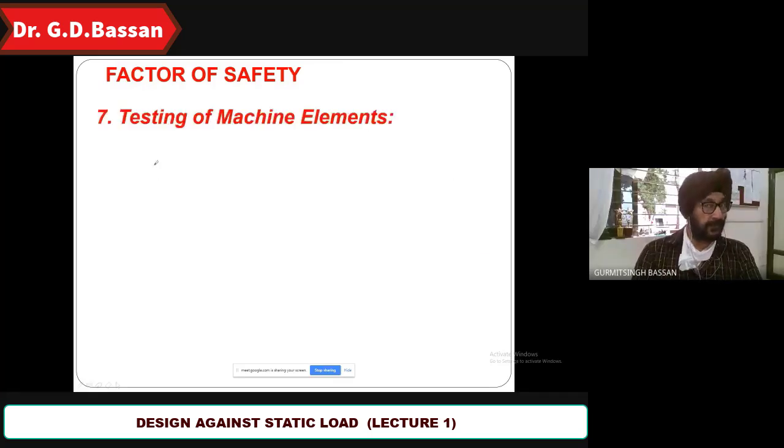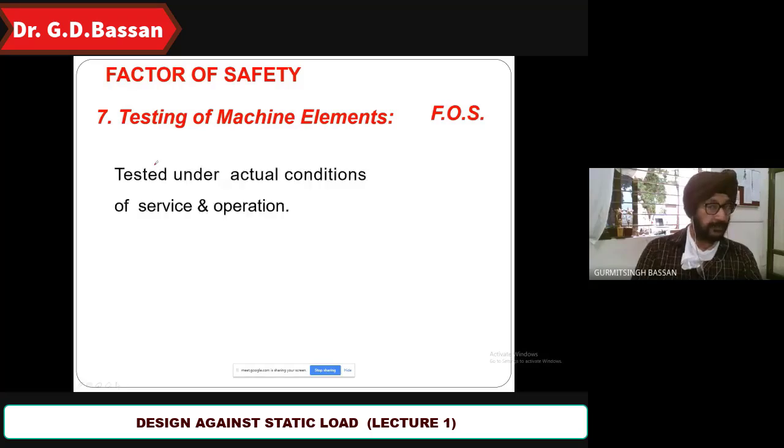Then the testing of machinery. In a number of cases, you test the elements before they are put into the machine. When the elements are tested under actual conditions of service and operation, then we take the factor of safety as low.